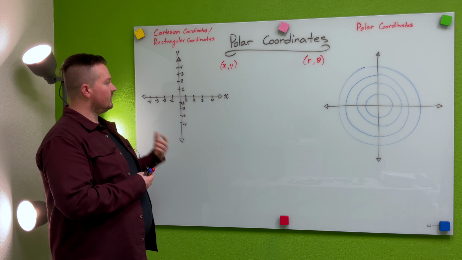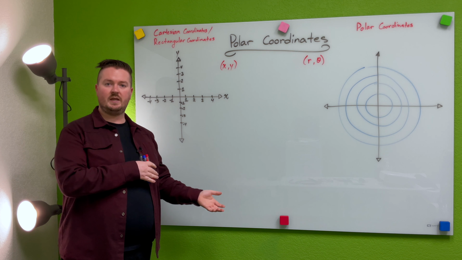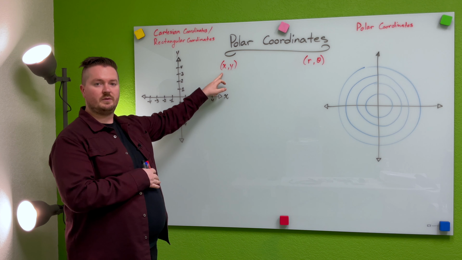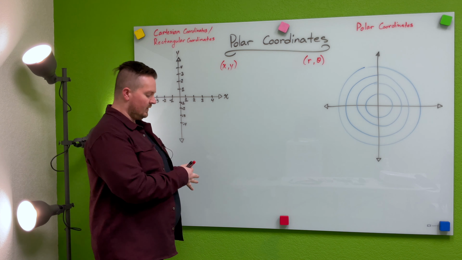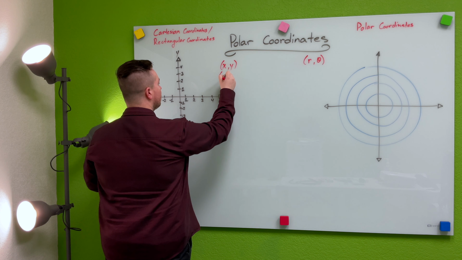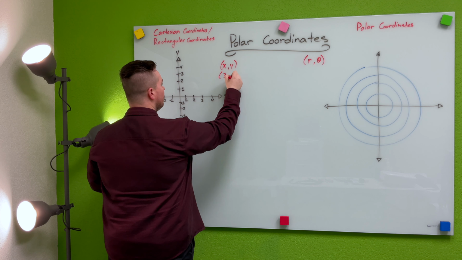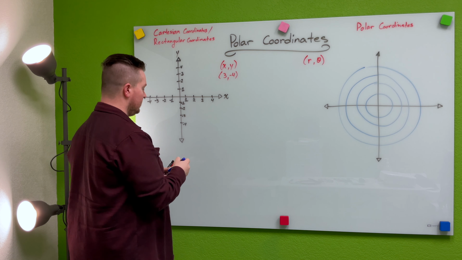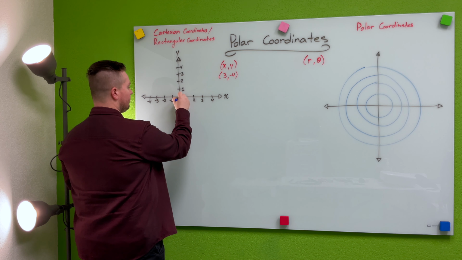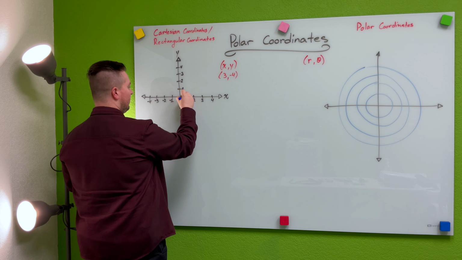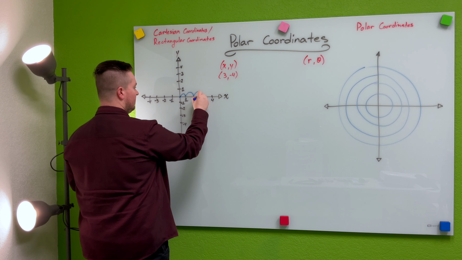In the Cartesian coordinate system or the rectangular coordinate system, we always have an ordered pair that starts with x, then y. So an example here, we could say x is 3 and y is -4. What we do is we start at the origin, we move over to where x is 3, so we go 3 steps in the positive x direction.